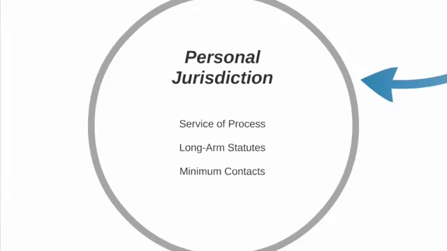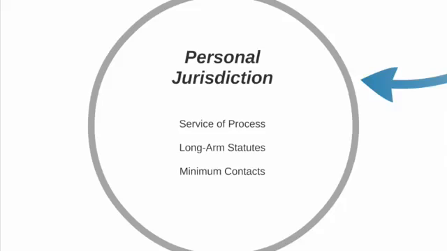There are constitutional protections in place that require the court to establish authority to call that individual into their court and subject them to their judicial process. So that normally happens through a process called service of process, or service of a summons, generally accompanied by the complaint, summonsing an individual to appear before the court.